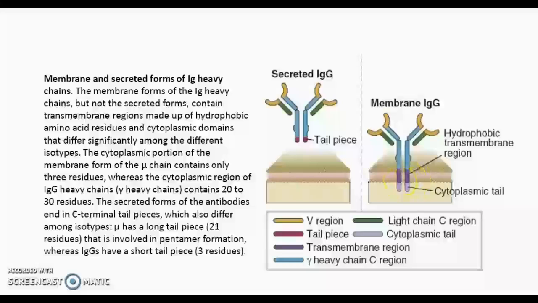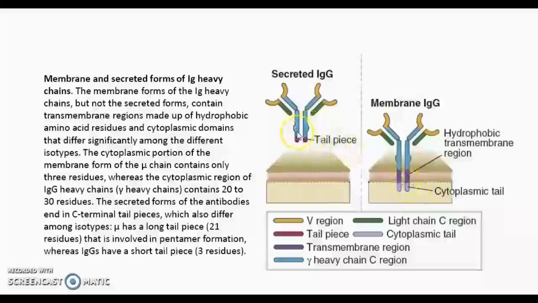In membrane IgM and IgD molecules, the cytoplasmic portion of the heavy chain is short, only 3 amino acid residues in length. But in membrane immunoglobulin gamma and epsilon molecules, it is somewhat longer, up to 30 amino acid residues in length.